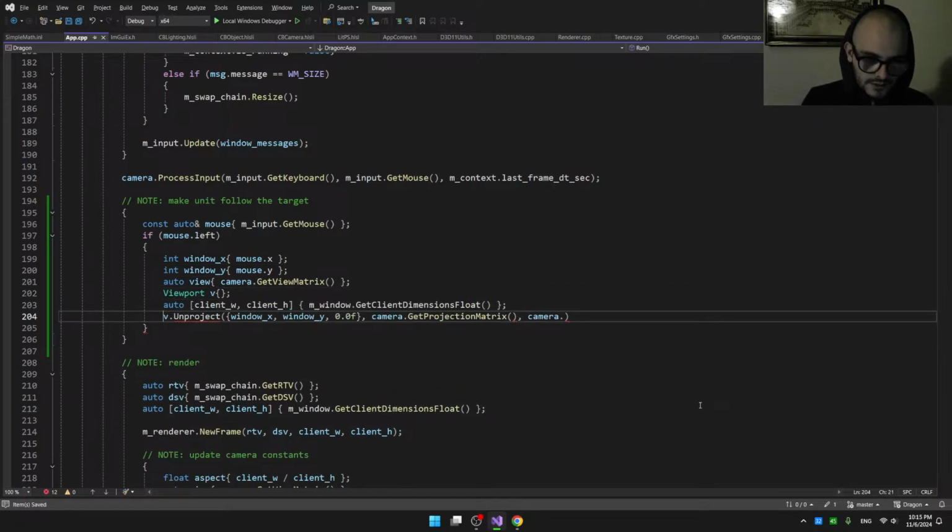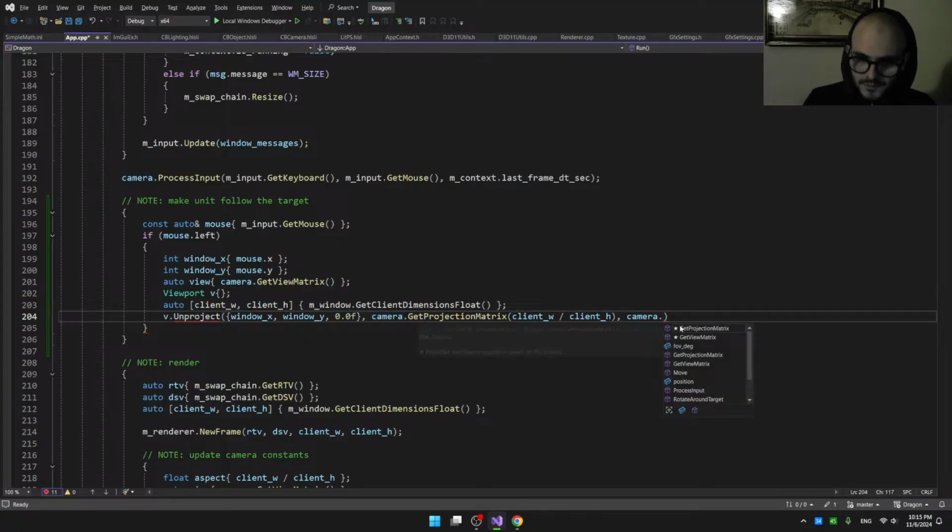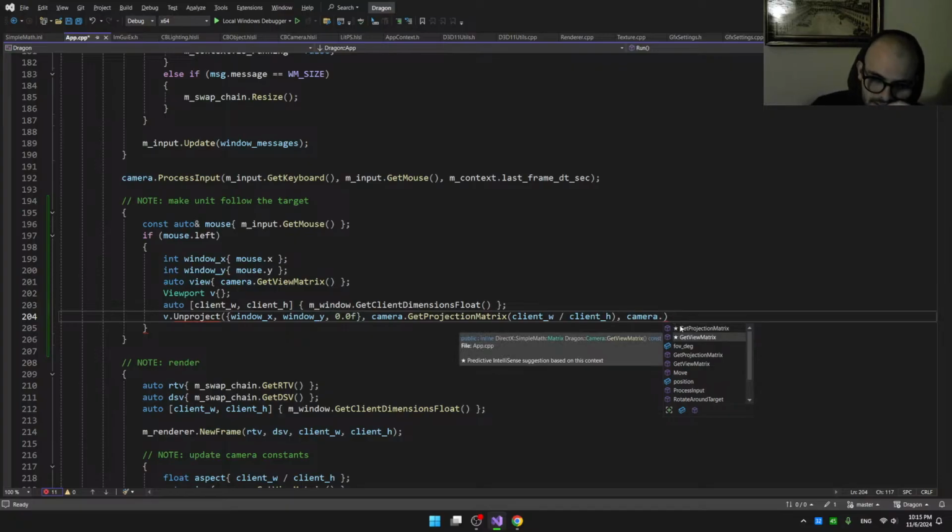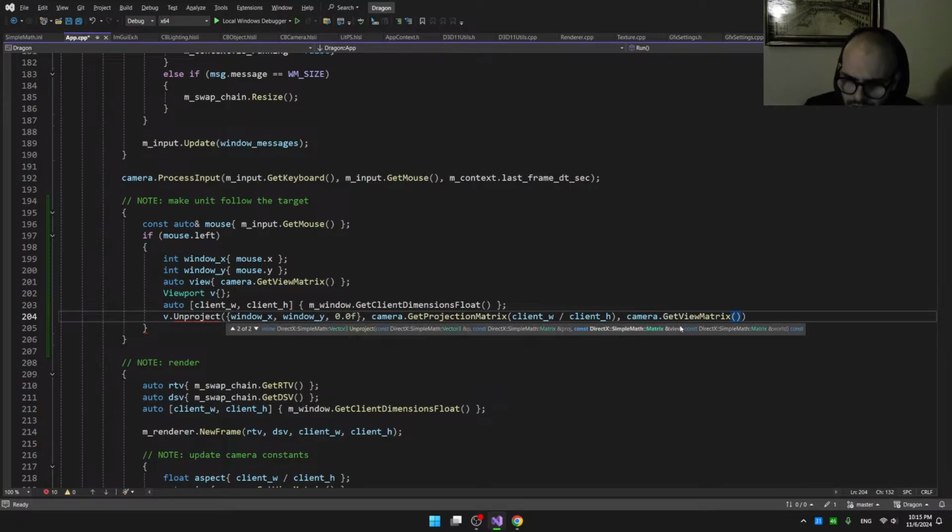I'm YOLOing right now. Camera dot get the view matrix, and then the world matrix identity, and fuck it.